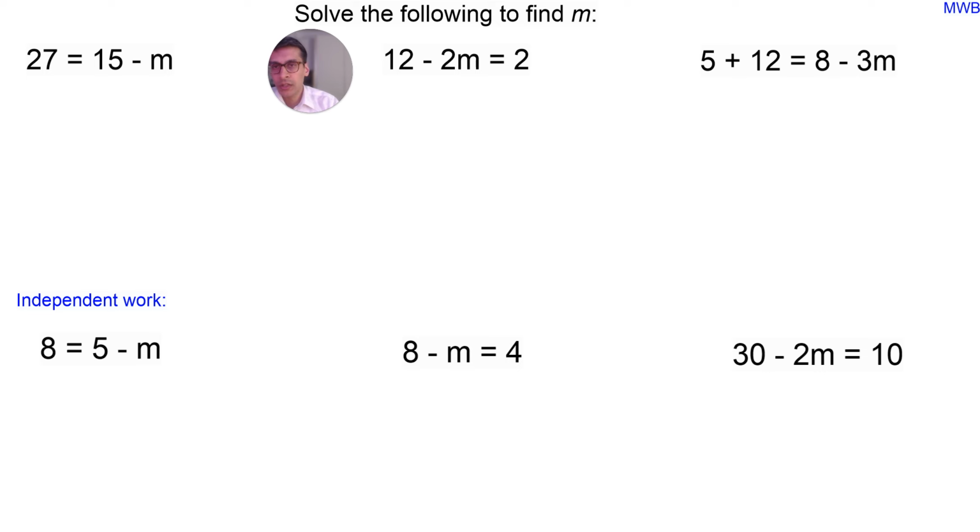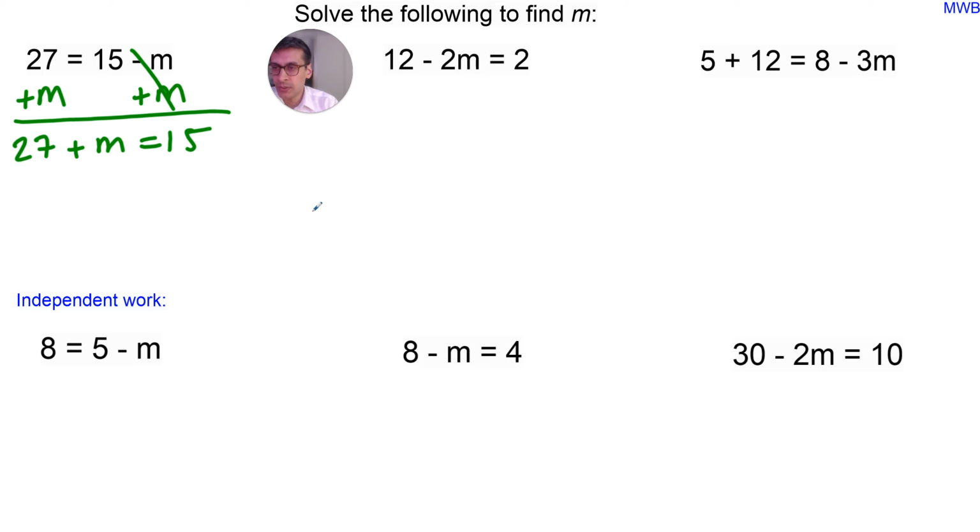Okay, here come the solutions. So for question 1, now I'm going to switch between different methods here. There's no special reason that I'm either multiplying by negative 1 or adding the variable to both sides. It's just based on how I feel about it. So plus m. So that becomes 27 plus m equals 15.